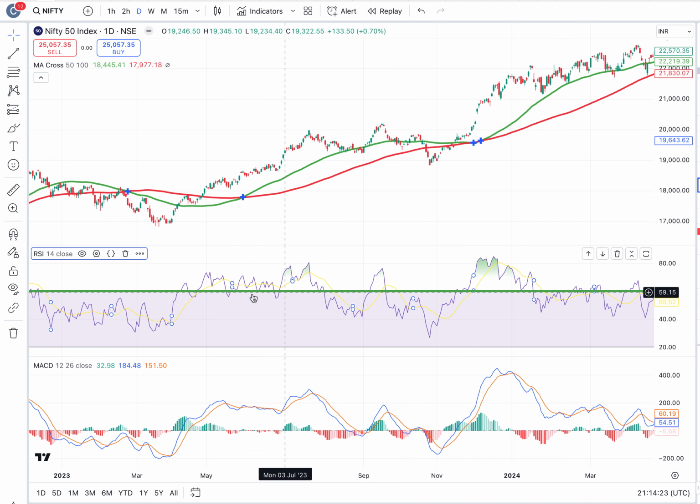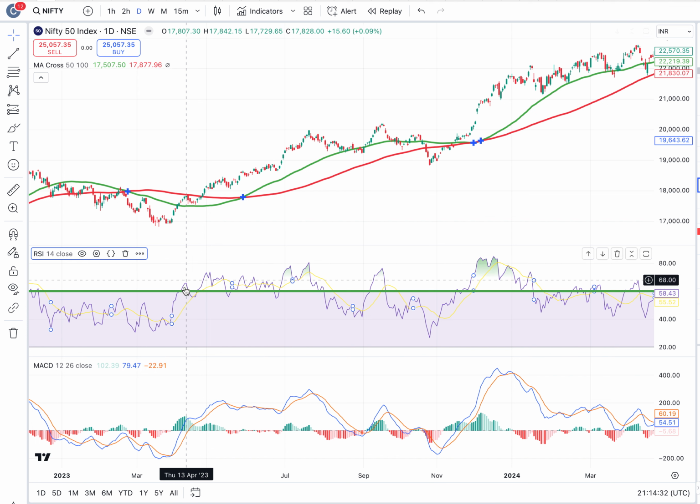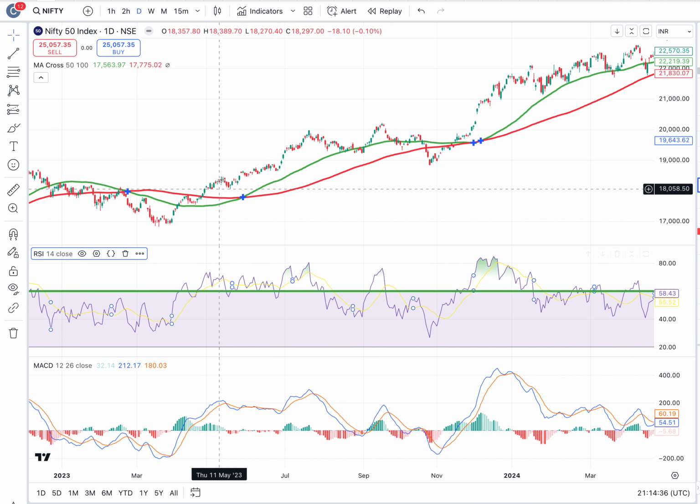See, every time the stock crosses this level, boom, it's like an accelerator. Even here the first time it moved almost 100 points, here 500 points. You can see that movement is happening. So should I enter the cross? I don't think this is a good cross to consider.